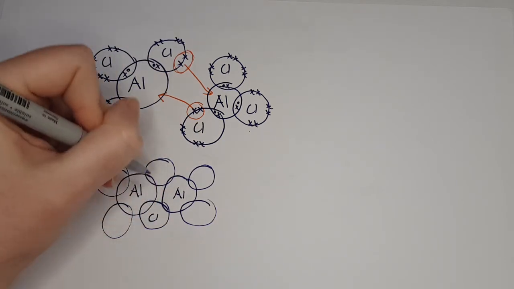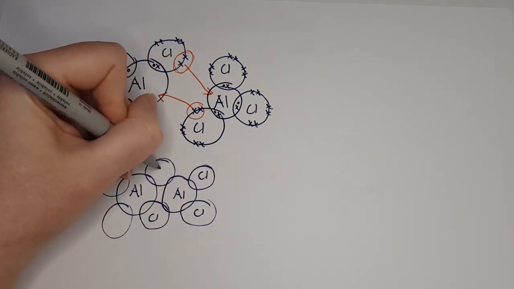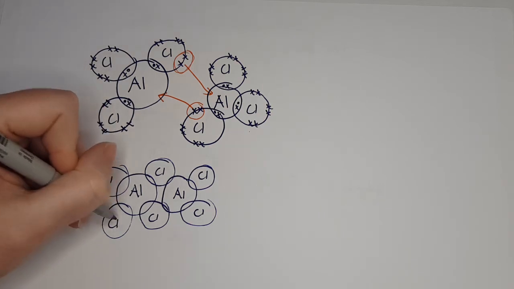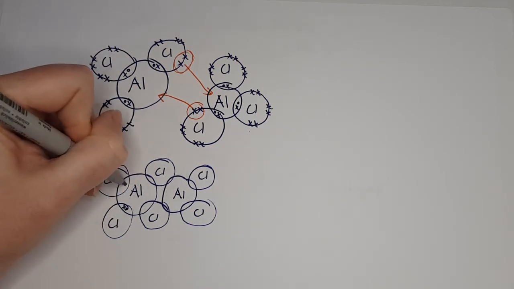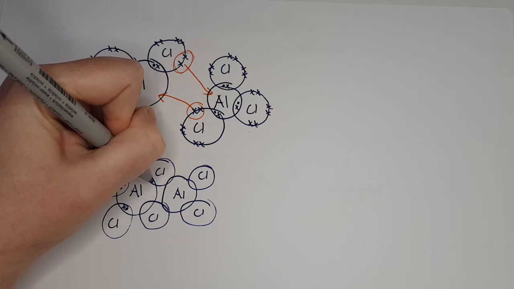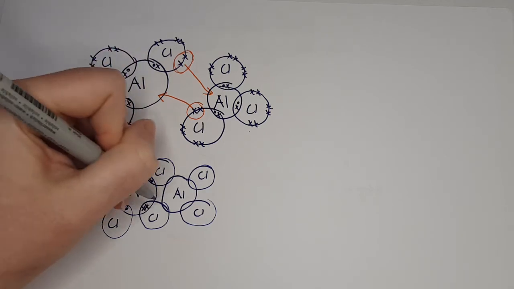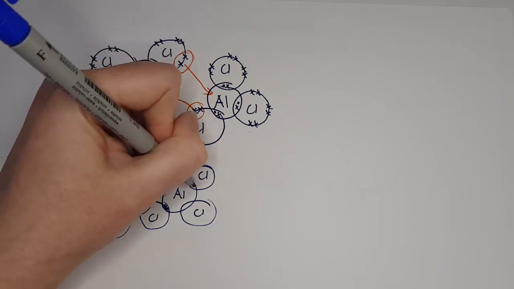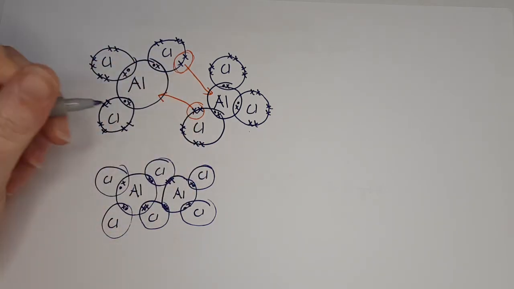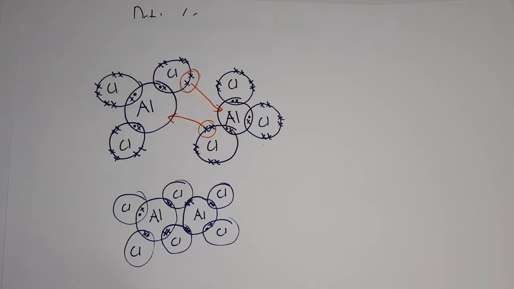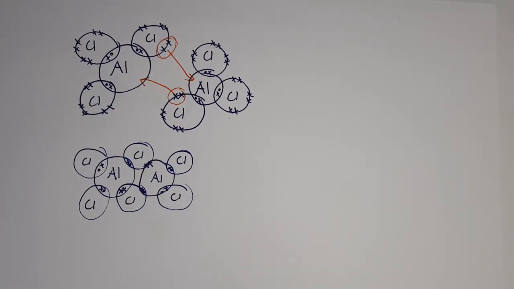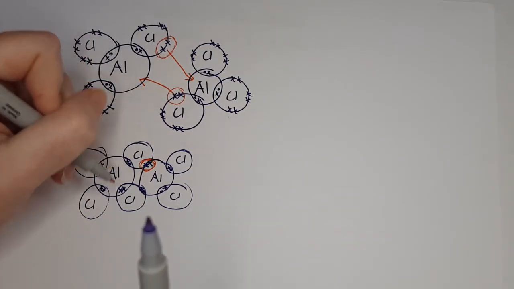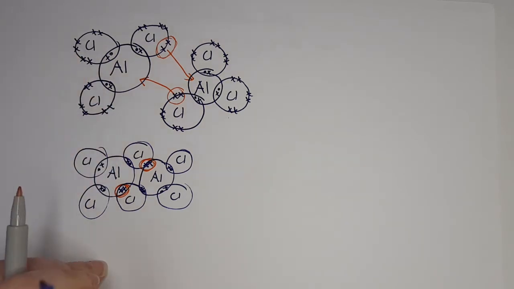So there's all the chlorines. So we're forming a dative bond over there from that chlorine and over there from that chlorine.